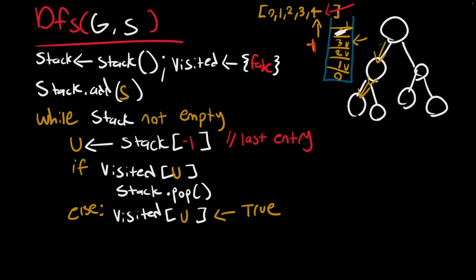And our next step is to start adding these children in. So again, just like our breadth first search, we're going to start populating.